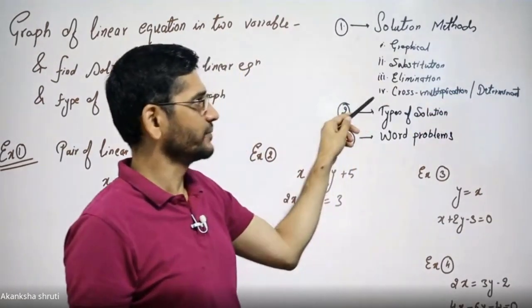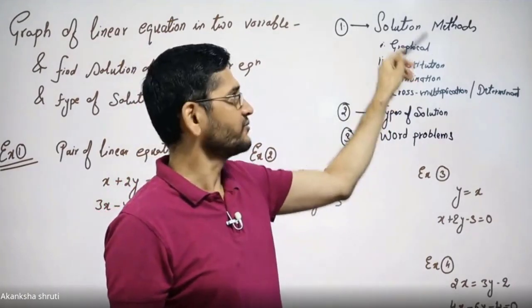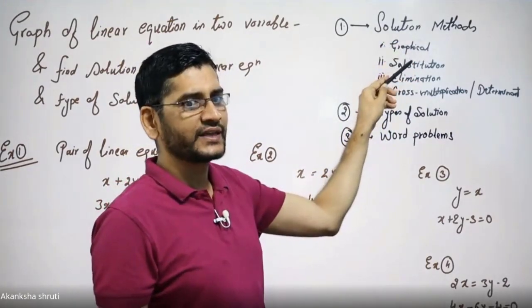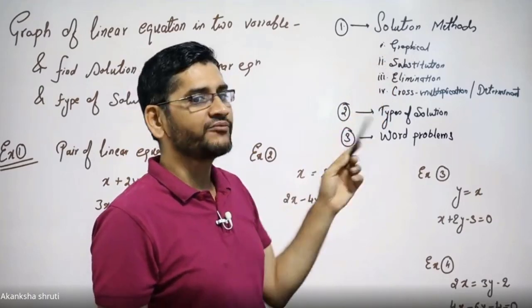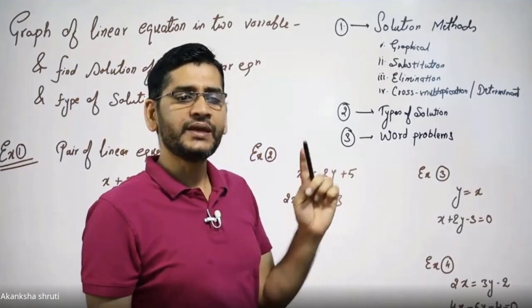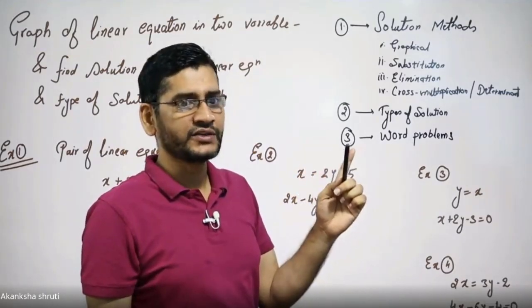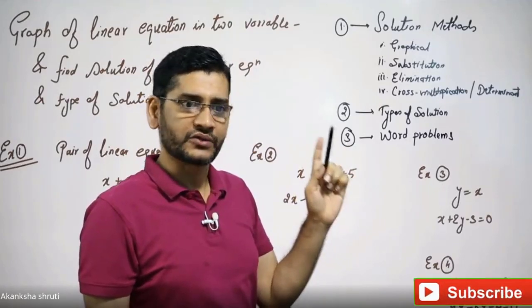These are the four methods. So today we will finish one of these, the graphical method of finding the solution or predicting the nature of the solution from the graph, by drawing the graph of each equation from the pair of linear equations on the same plane or same plot. That is important.